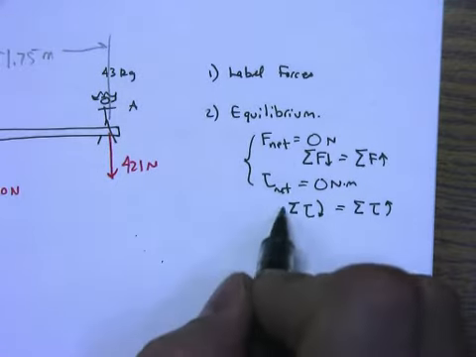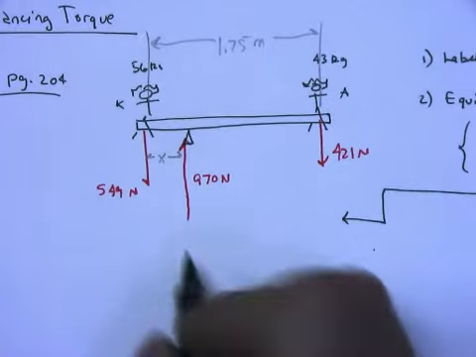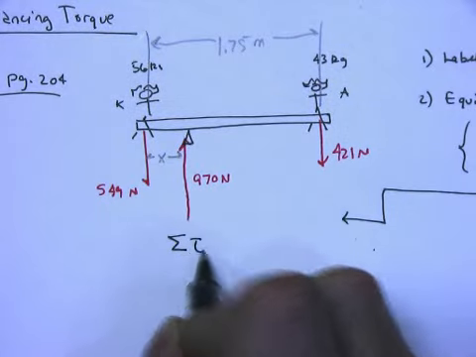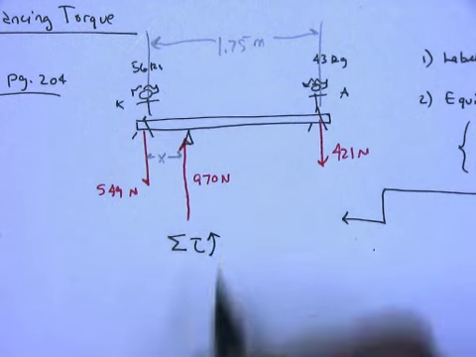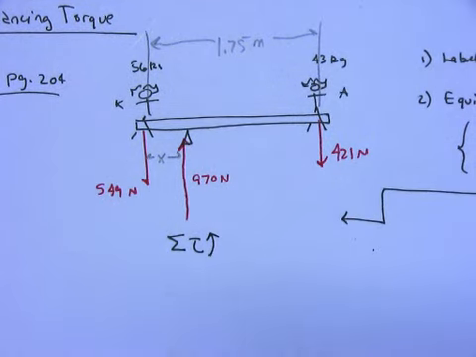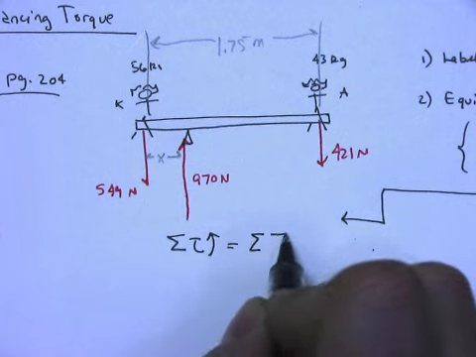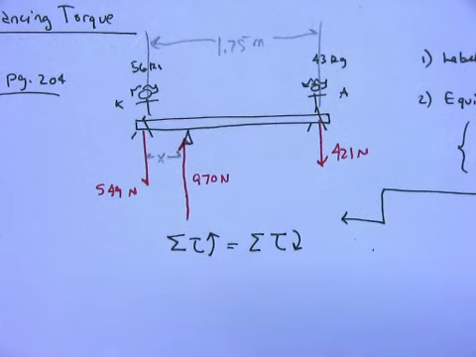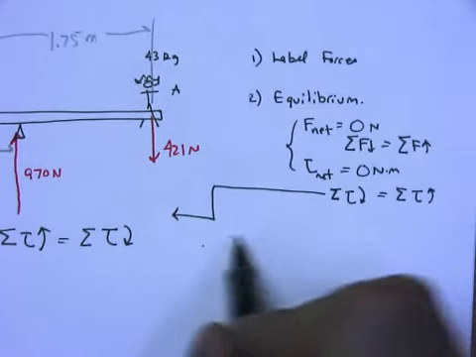I'm going to take this idea and apply it to my problem. Everything that twists this thing counterclockwise is going to equal everything that twists this thing clockwise. Now, when you look at your picture, first I have to define a pivot.